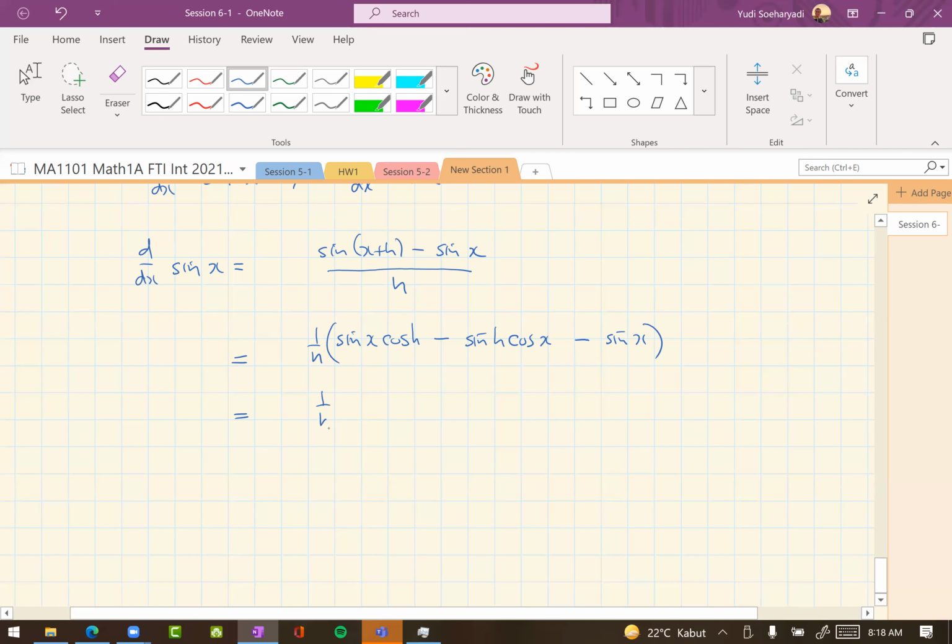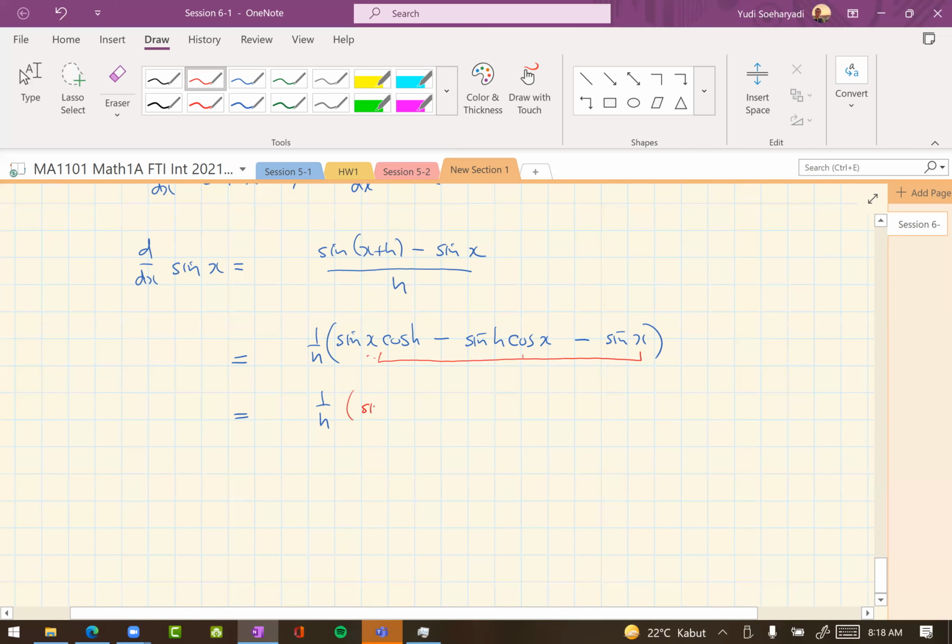Now, what we have here is that let's do some factorizations as much as possible. So what we can do here is that we cannot combine this first and second terms, but we can combine this one here, first and the third, and you can take the sine out.